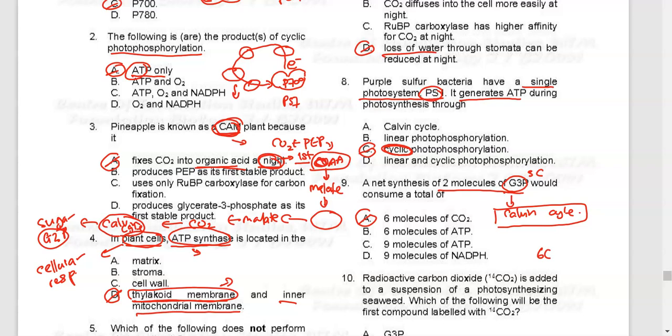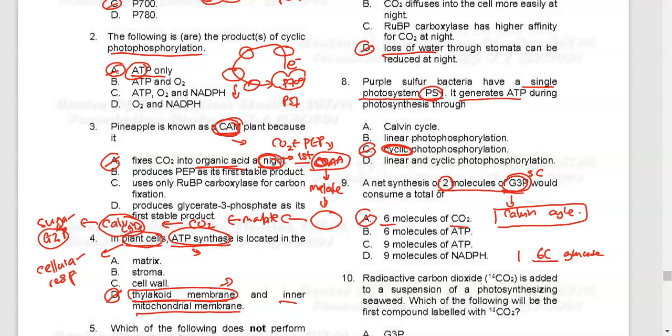To produce one molecule of glucose, which is a 6-carbon sugar, the process requires the net production of 2 molecules of G3P during the Calvin cycle. In order to produce the 2 molecules of G3P, the process requires 6 molecules of carbon dioxide.